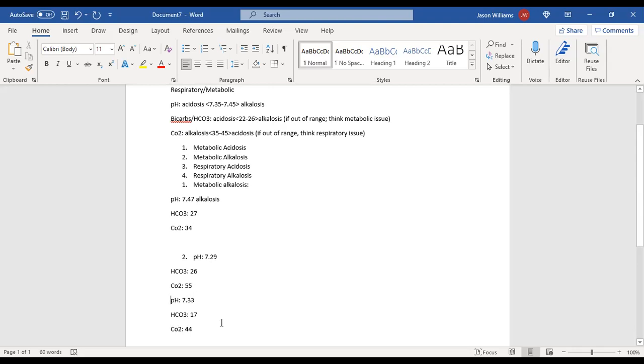So there are 2 problems to write your answer for in Zoom. You'll write number 2, whether it's 1, 2, 3, or 4, and number 3, whether it's metabolic acidosis, metabolic alkalosis, respiratory acidosis, or respiratory alkalosis.